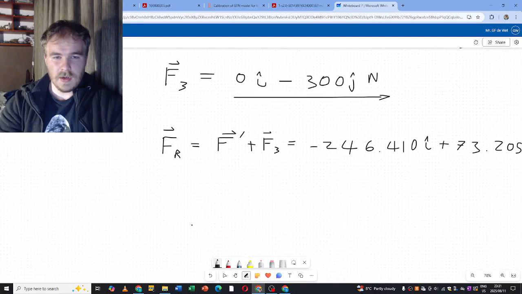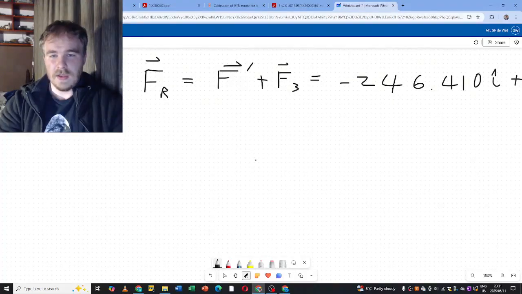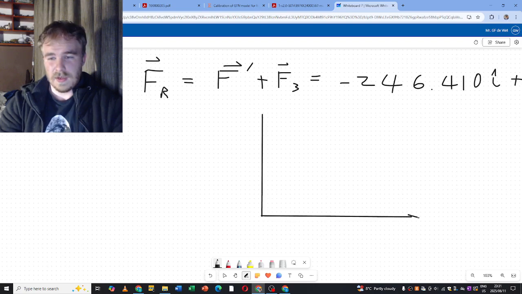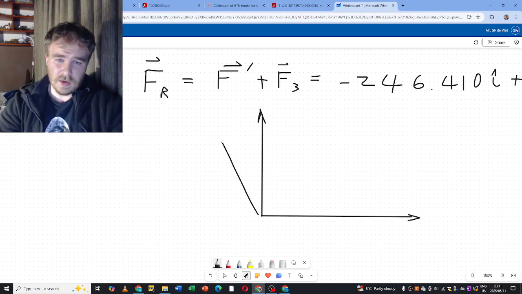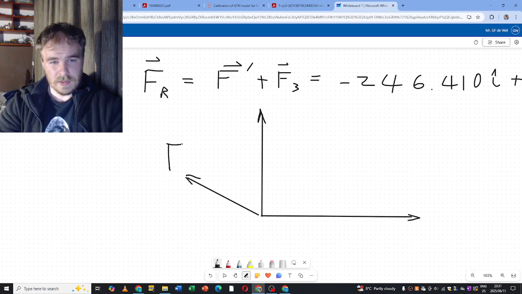Okay, so now we can see that if we draw another axis system over here, and then show the force, it'll be somewhere over here. Should look something like this. This is FR.